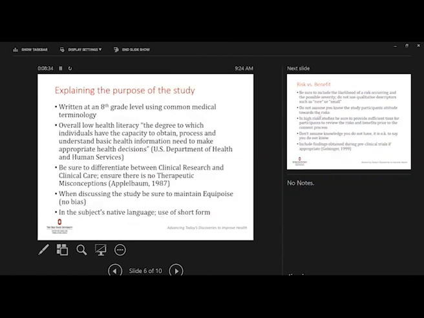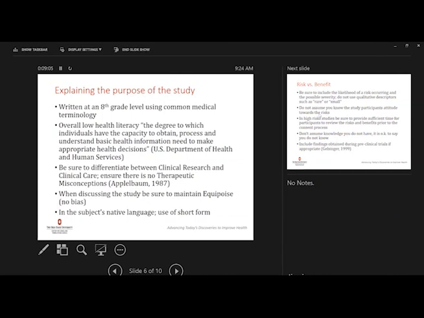So when explaining the purpose of the study, a couple things to keep in mind. One, obviously, consents are supposed to be written at an 8th grade level using common medical terms. But what exactly do we mean by that? And lately, there's been a lot of talk about the disparities that exist in the healthcare world. A lot of this has started with the low health literacy.